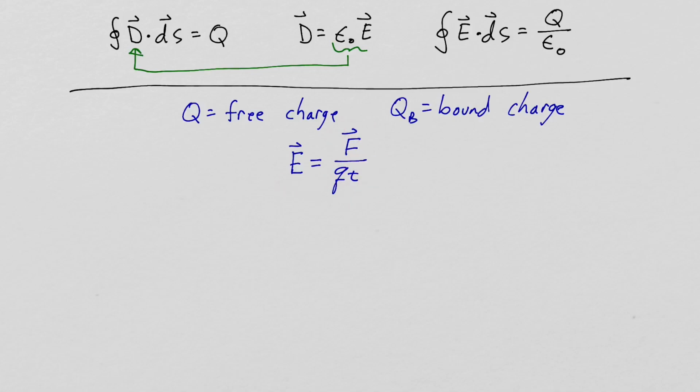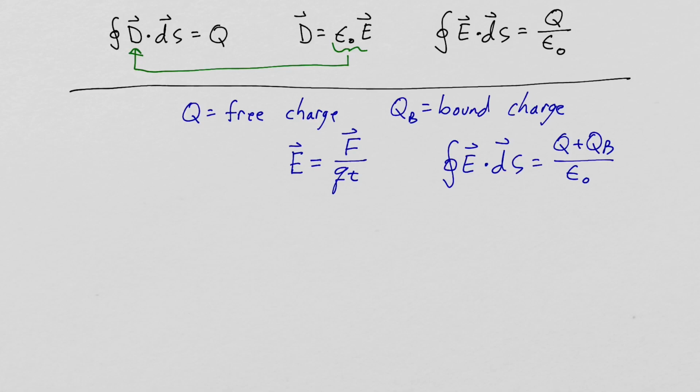The electric field intensity can be due to both free and bound charges. So our expression for the integral of E dot dS around a closed surface is equal to the total charge enclosed, the free plus the bound charge, divided by the permittivity of free space.